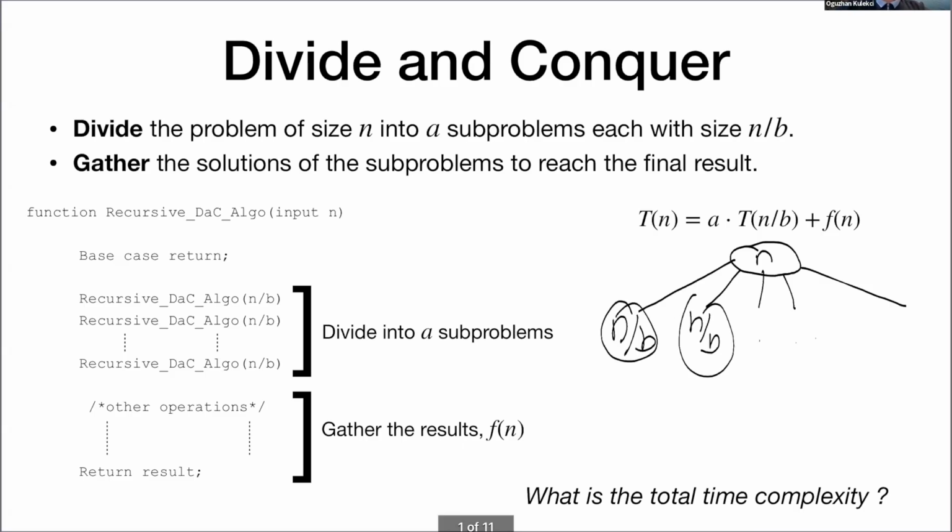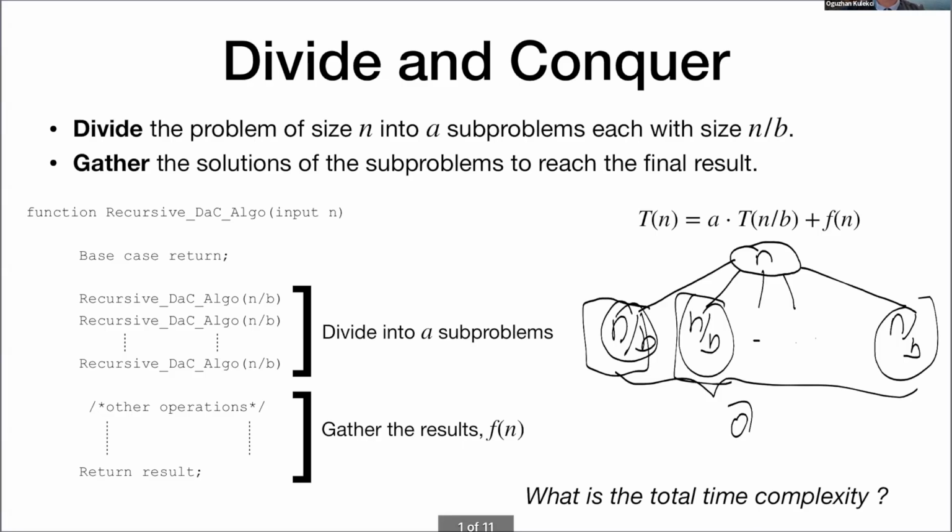And how many such problems do I have? I have a of them. Once I have the solution of all of these a subproblems, I will gather their results and find the answer for the main problem.